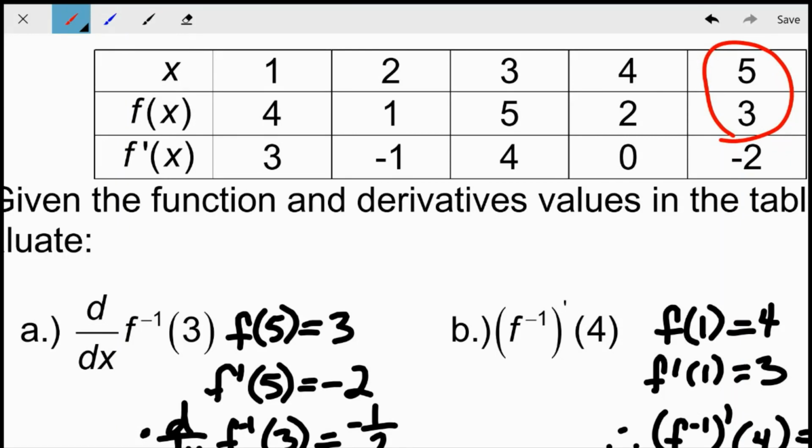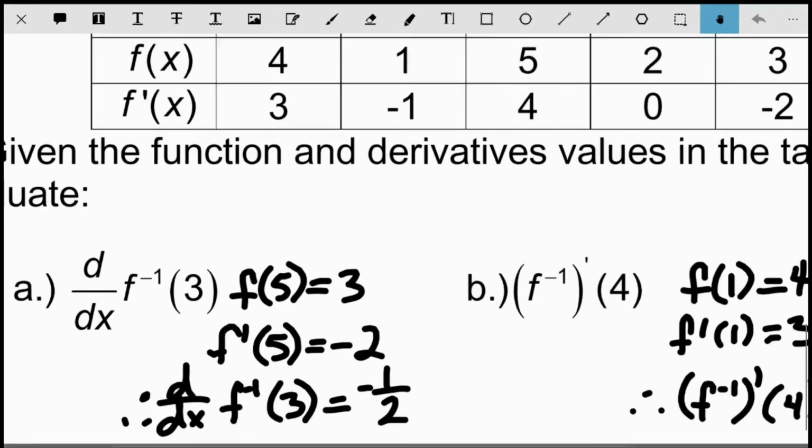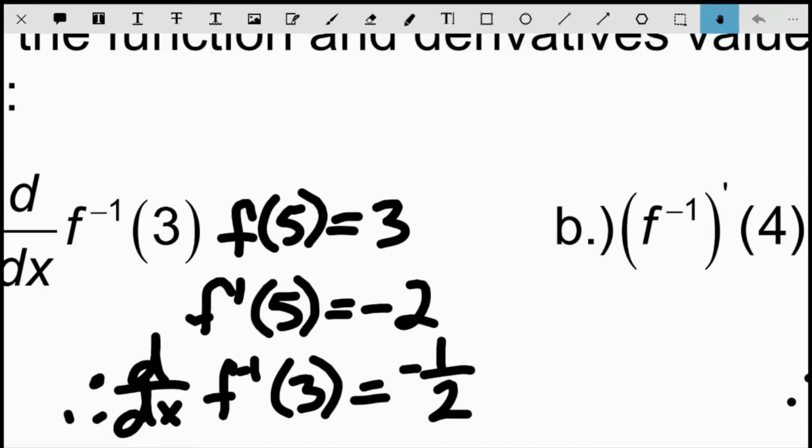So that means that when I'm looking at the inverse function, I need to be looking at the derivative of the original function at 5. So I looked at the table and said, what's the derivative of the original function at 5? Well, it's right here, it's -2. So if I want the derivative of the inverse at 3, all I have to do is take the reciprocal of that corresponding point. So the reciprocal of -2 is -1/2.